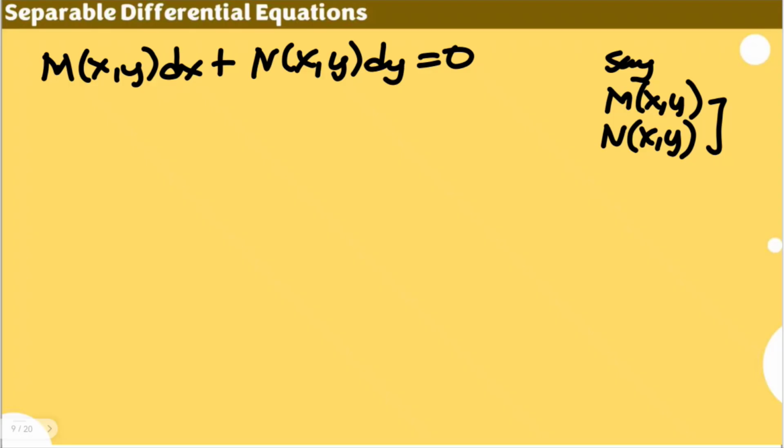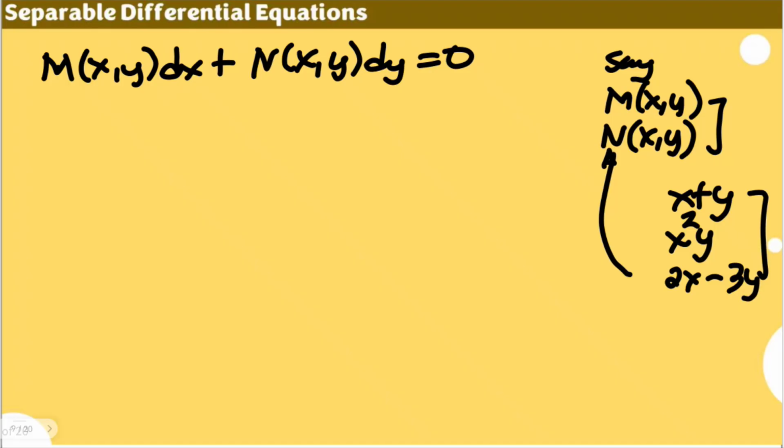So it has, for example, x plus y, x squared y, 2x minus 3y. These are examples of M(x,y) and N(x,y). Say our differential equation is expressed in this manner. And if this could be transformed, then we can say whether it's separable or not.